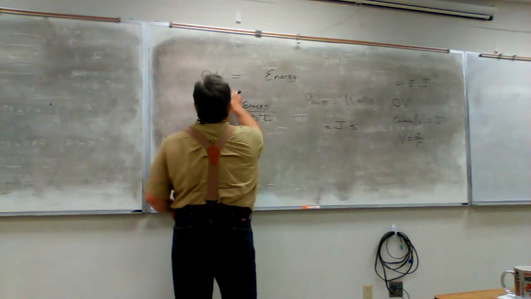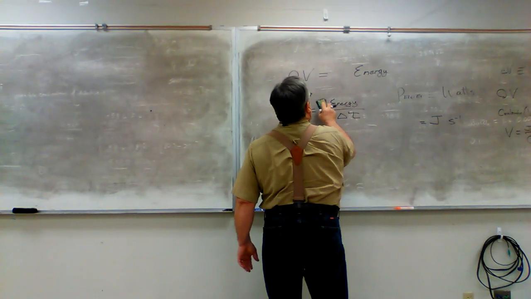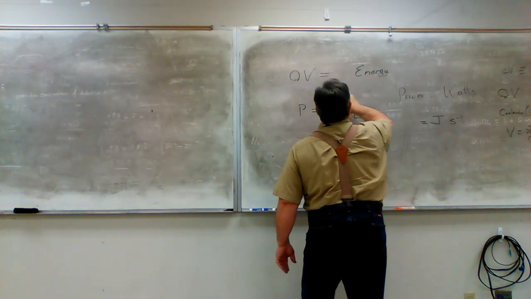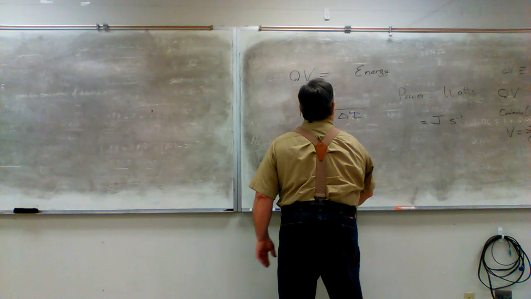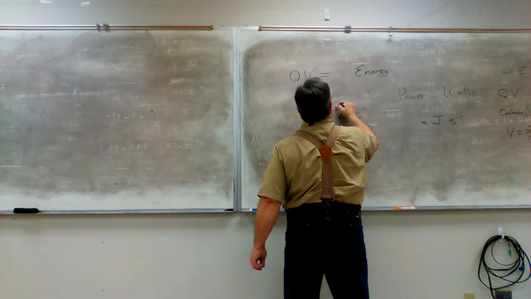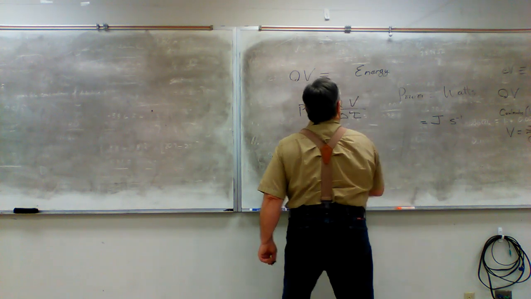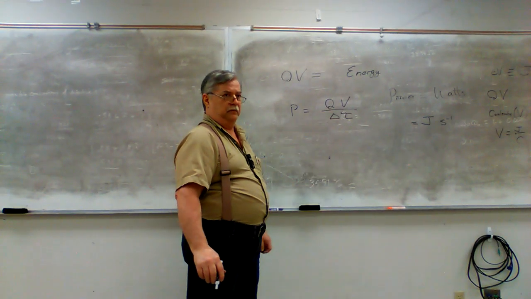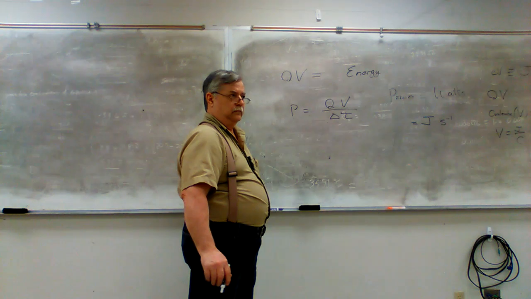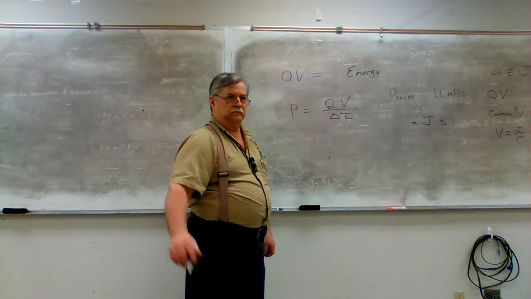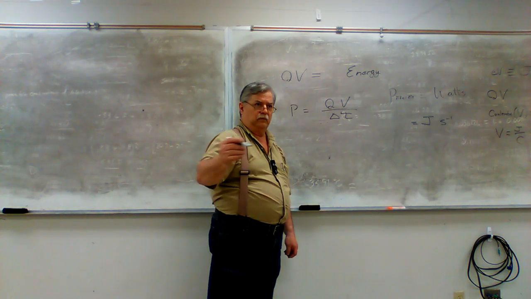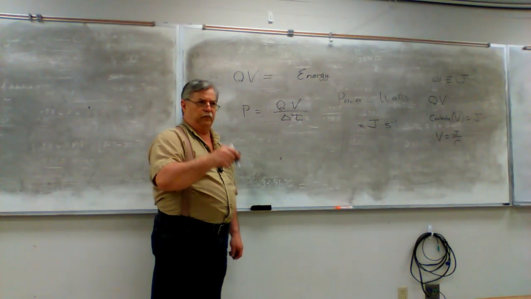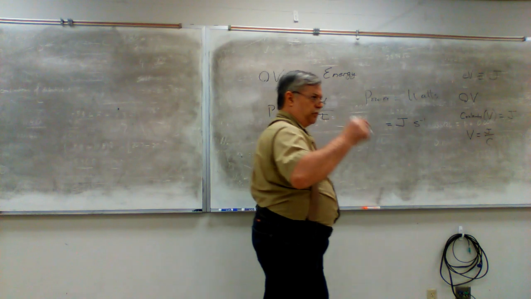Well, if the energy in power is charge Q times voltage, what is charge per delta T, per unit time? Coulombs per second. What are coulombs per second?